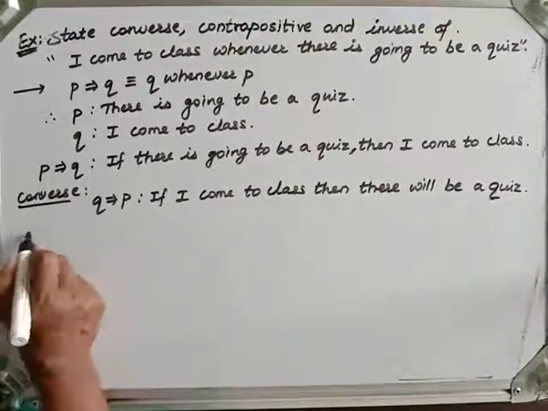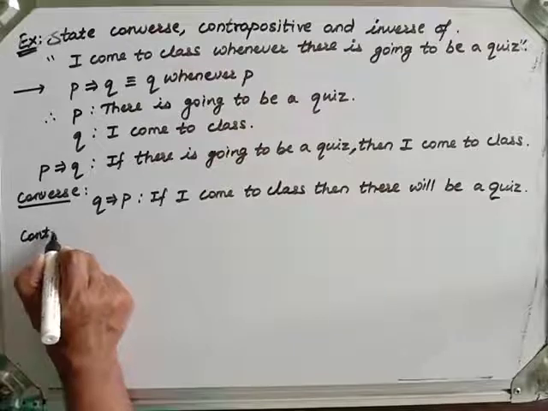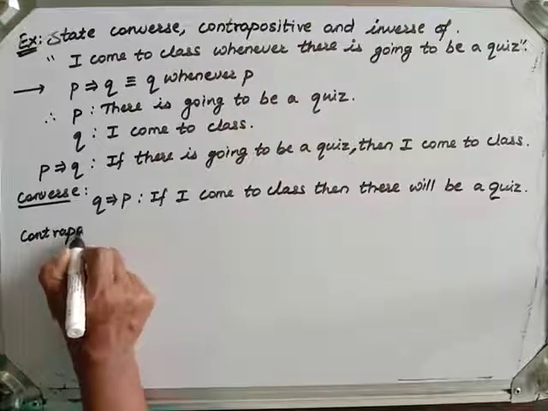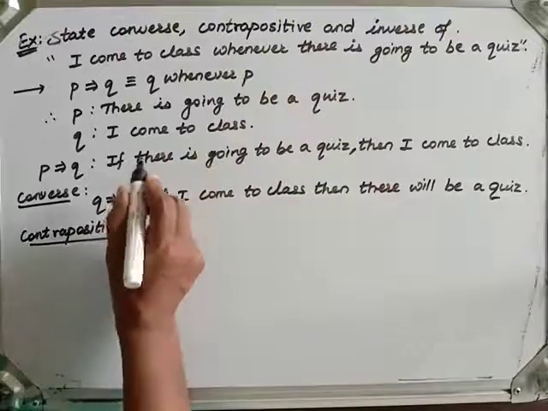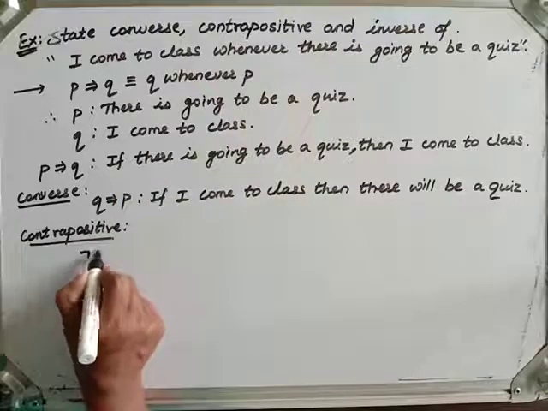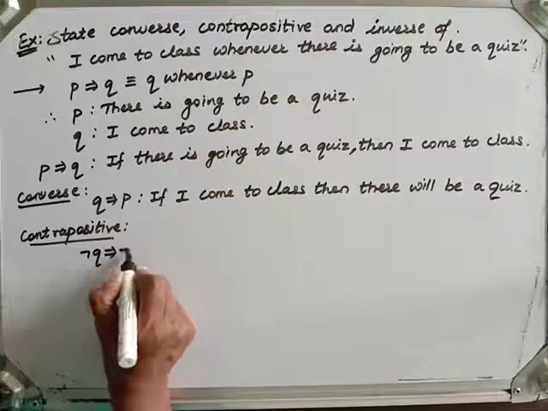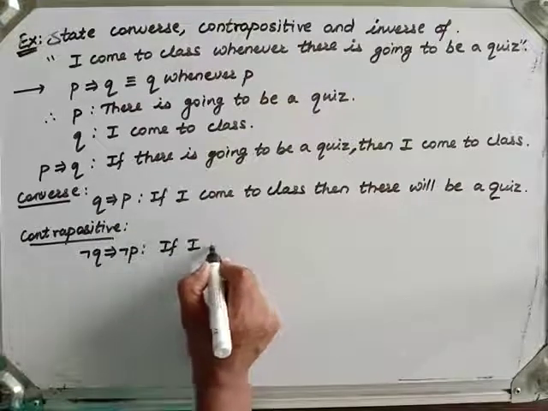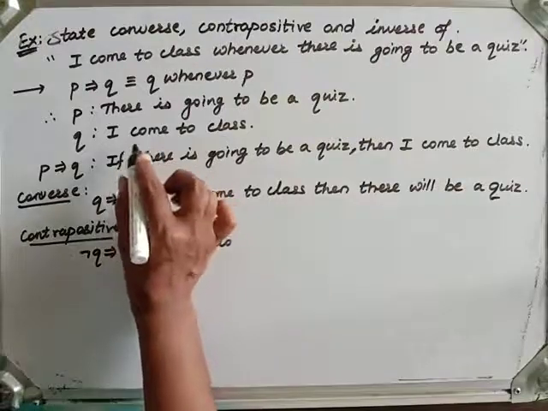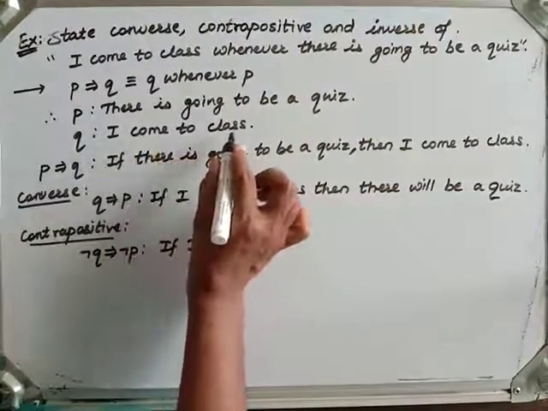Now the next, contrapositive, is that negation Q implies negation P. So negation Q means I don't come to class.